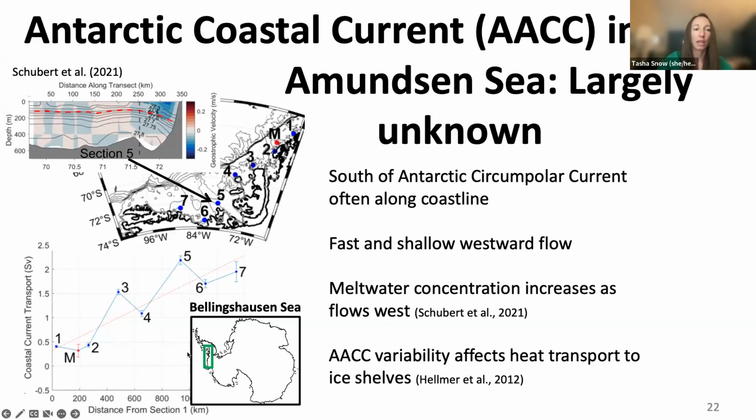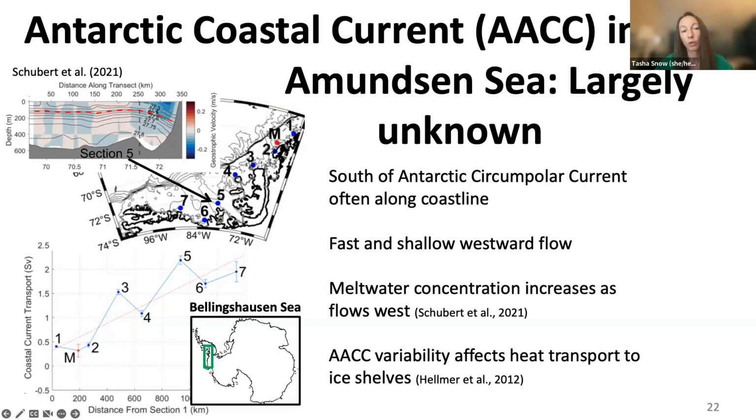We do know that the coastal current is present along the Antarctic Peninsula and in the Bellingshausen Sea, and potentially around much of Antarctica. We know that it is south of the Antarctic Circumpolar Current. It's fast, it flows to the west, and it carries a lot of meltwater because it flows past all the ice shelves, and it increases in its meltwater transport as it moves towards the west.